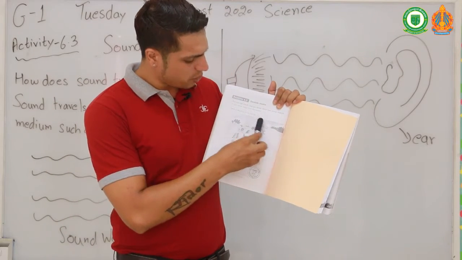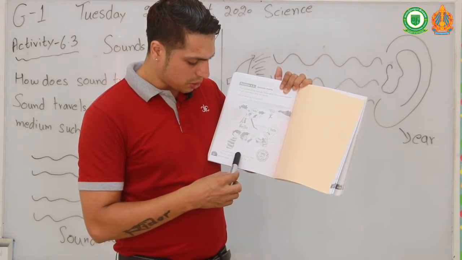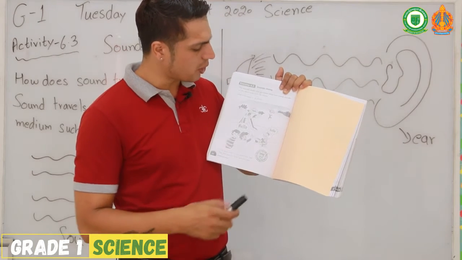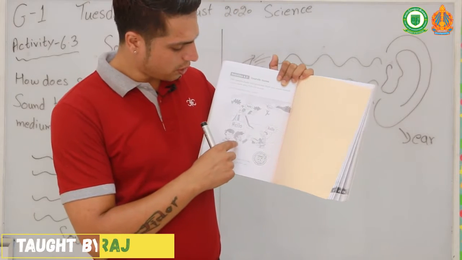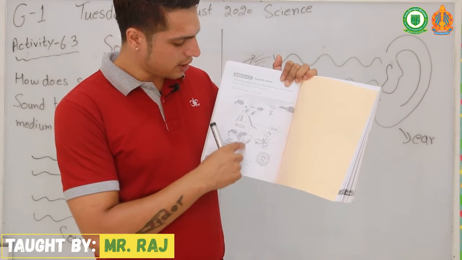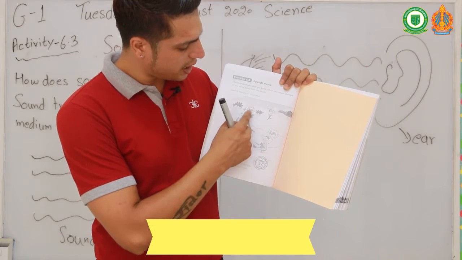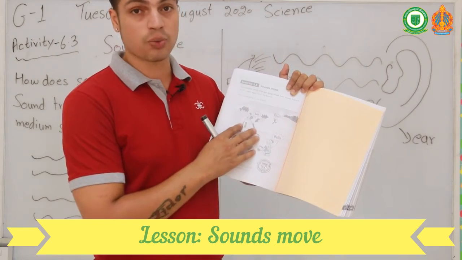Jamil is shouting to his friends. Join each child to the sound they hear. The first one has been done for you. You can see here, Jamil says hello, so this one has been done. Draw an arrow to join, and do it here and here. So this is your task 1.